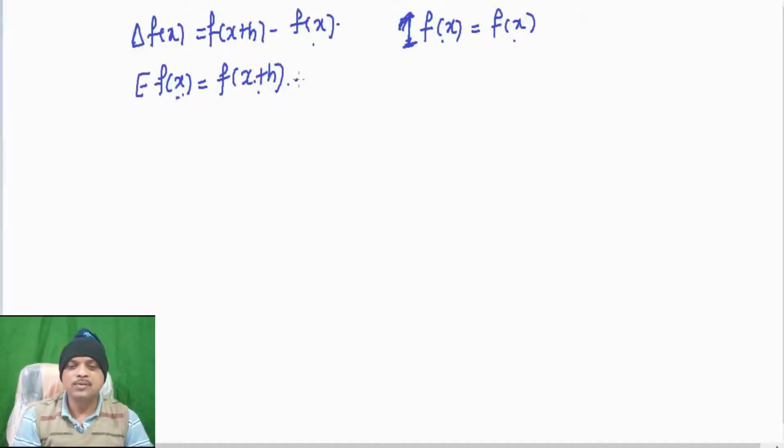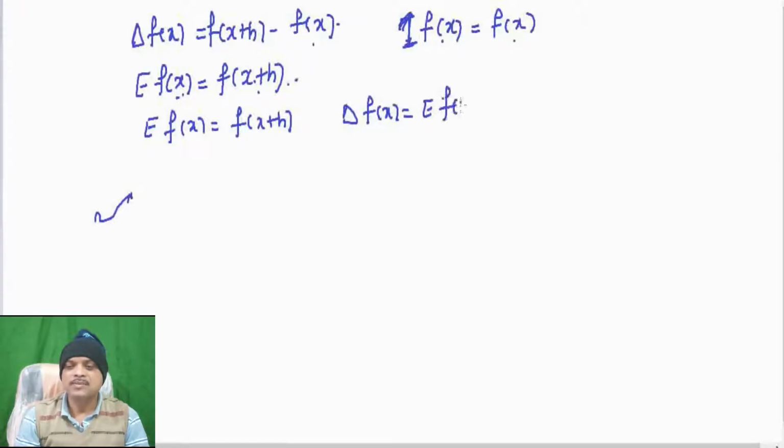So friend, how do we operate these? E of f of x equal to f of x plus h. I have written it once again, and here delta of f of x equals f of x plus h minus f of x, which means E of f of x minus f of x, and for this f of x I will write 1 into f of x.